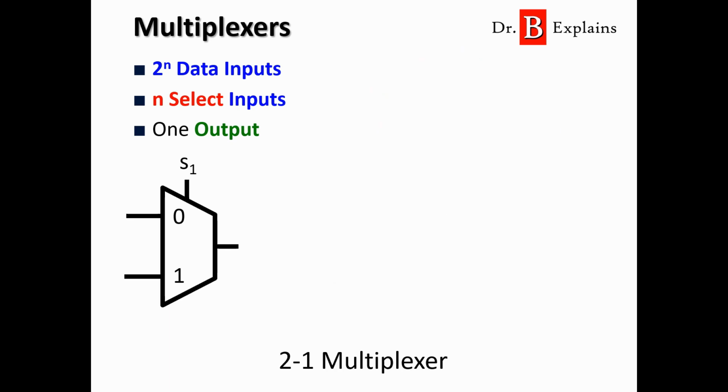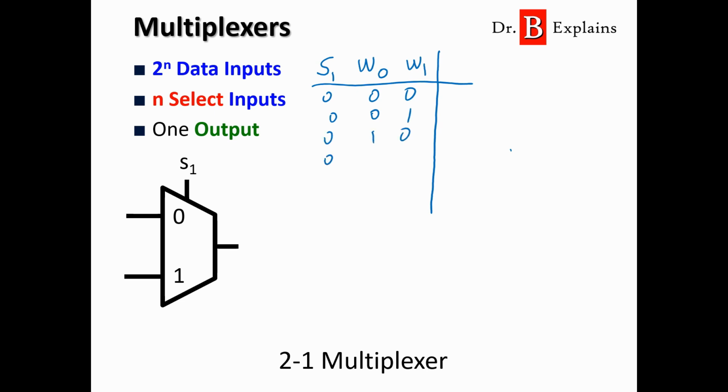So how do we design a multiplexer? For example, we're going to do the 2 to 1 multiplexer. We're going to start with a truth table with S1, W0, and then W1. And so we're going to have 0 0 0, 0 0 1, and the other possible values.